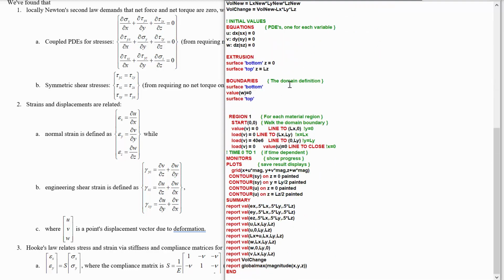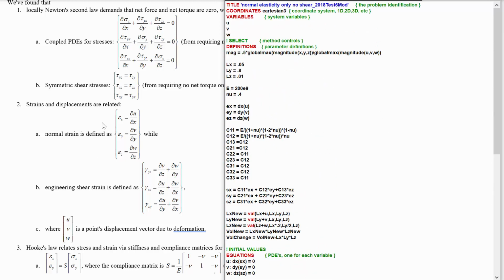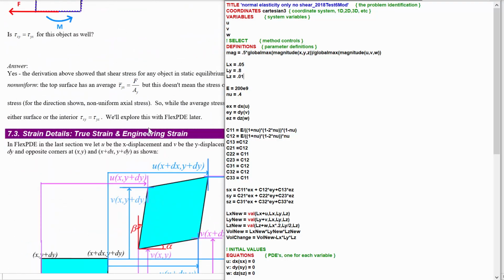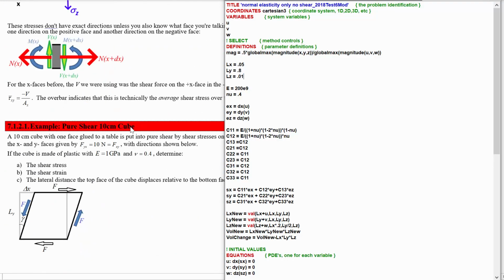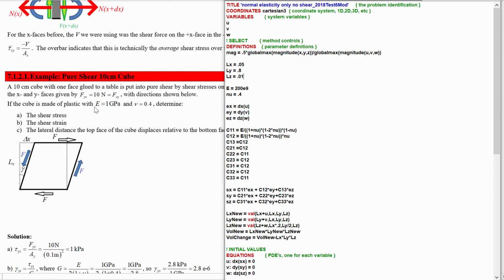And we can set up the thing to deal with perhaps one of the problems that we dealt with earlier. So we looked at a 10 centimeter cube and we put a force on the top surface. So let's do that. We'll put the length in each direction to be 0.1, and this is going to draw out a cube because of the code that we've got down before.